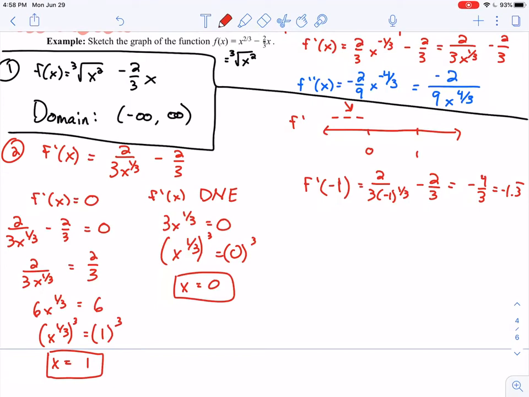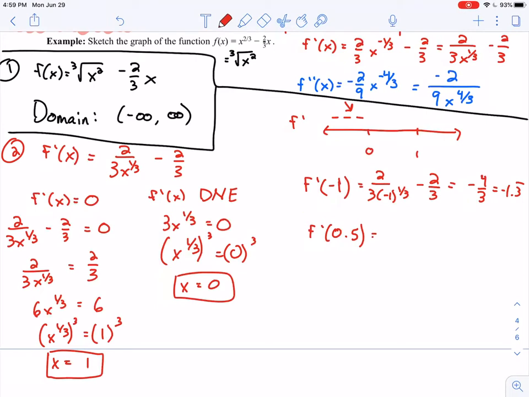So next, this one's a little bit tricky because I need a number between 0 and 1. I'm going to go ahead and pick 1/2, or 0.5. There's really not a great candidate. But I'm going to plug that into my first derivative just like we did before.